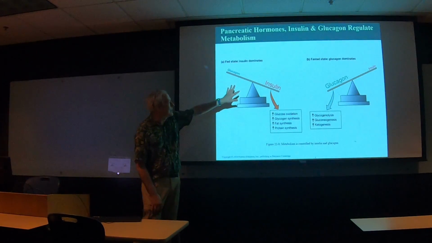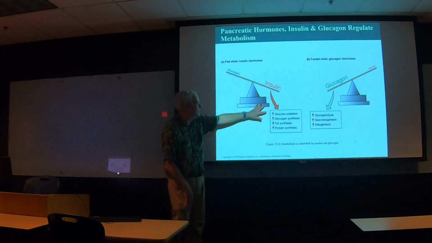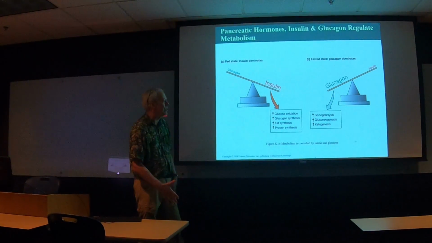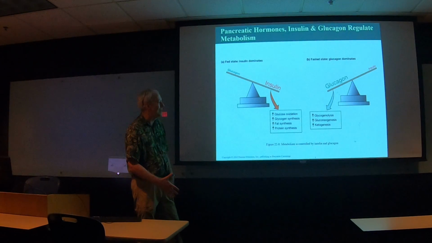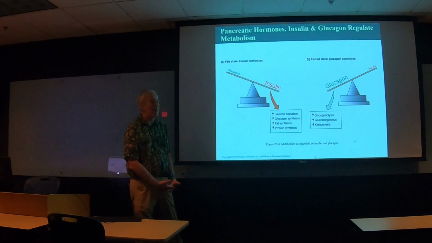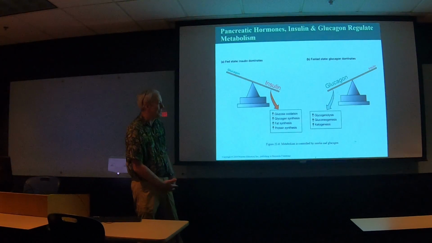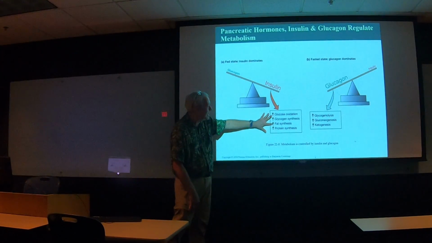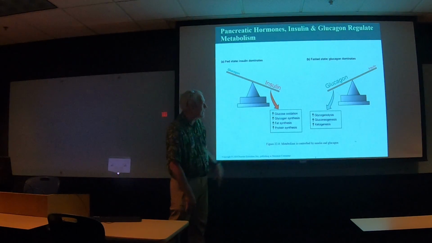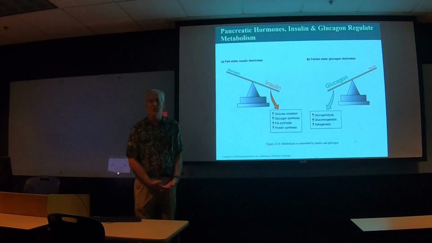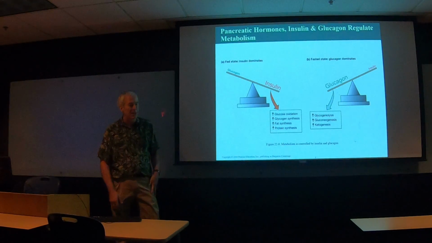So what does insulin stimulate? Insulin tends to drive down glucose concentration, and it drives down things that can be used for energy, like triglycerides or things like ketone production. So it increases protein and fat synthesis and glycogen synthesis, and you start burning glucose, so glycolysis is stimulated.